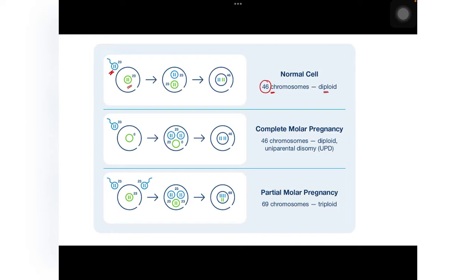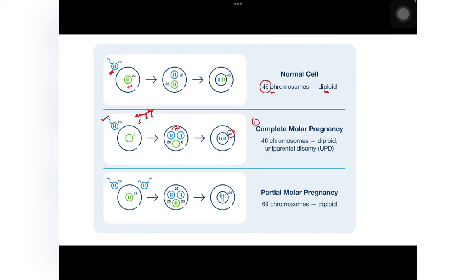The reason is, first coming to the complete mole, the ovum here you can see is empty. The empty ovum is fertilized by a sperm. Sometimes two sperms simultaneously fertilize an empty ovum, or a single sperm fertilizes and then the sperm's chromosomes become duplicated. So ultimately, the chromosome number is 46, but it's completely paternal chromosomes.